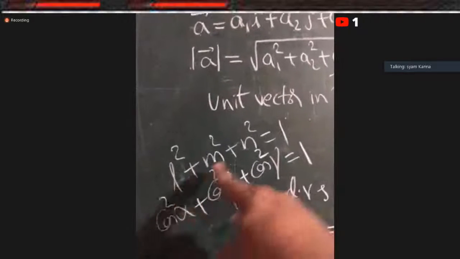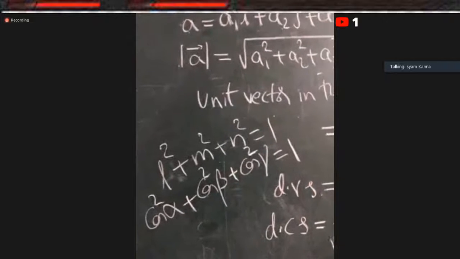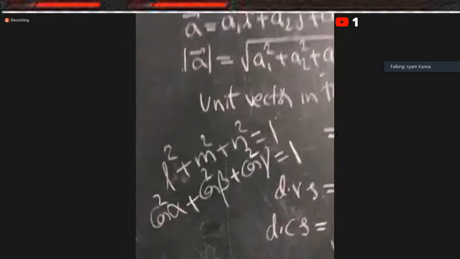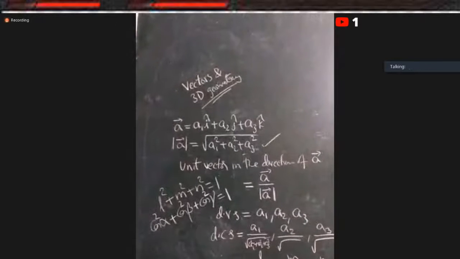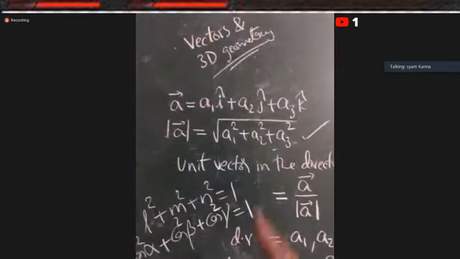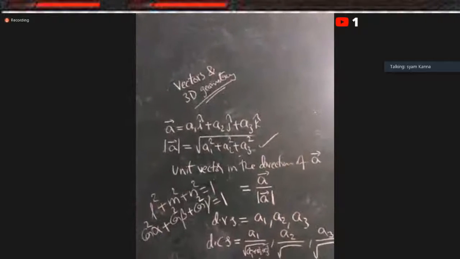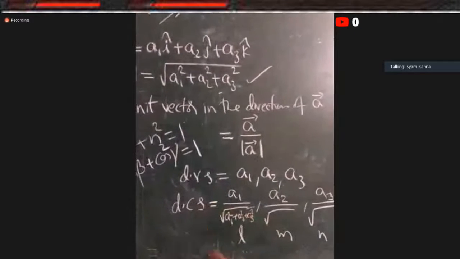This is a shortcut and this is the full form. L square plus M square plus N square is equal to 1. Cos square alpha plus cos square beta plus cos square gamma is equal to 1. So on seeing a vector, you will get this much information. You can tell its direction ratios, you can tell its direction cosines.